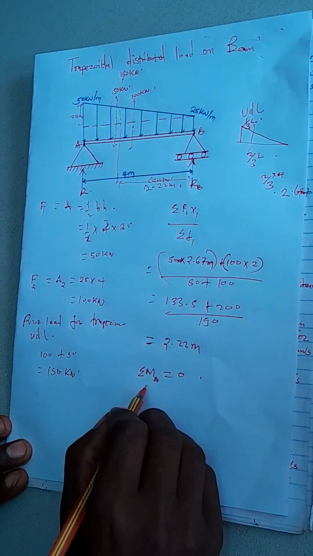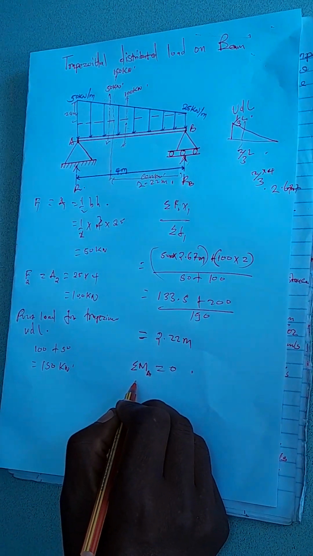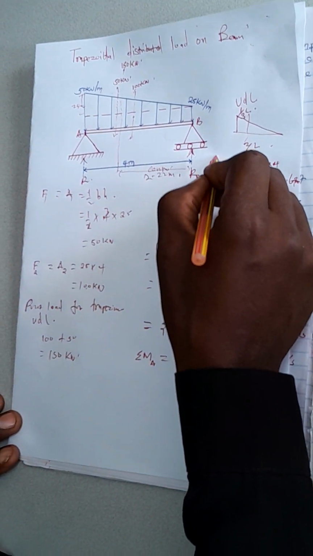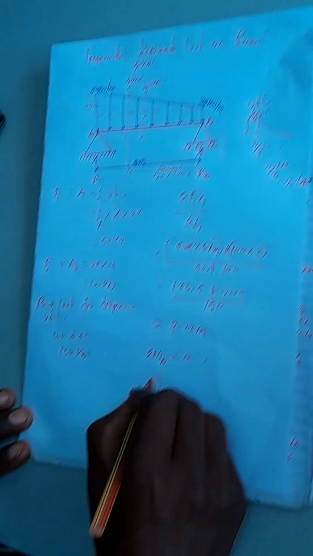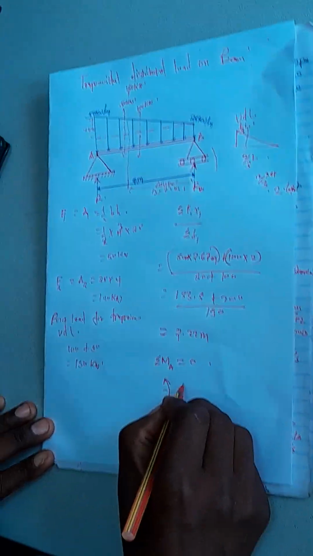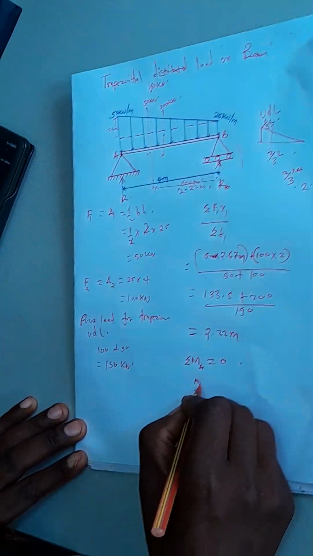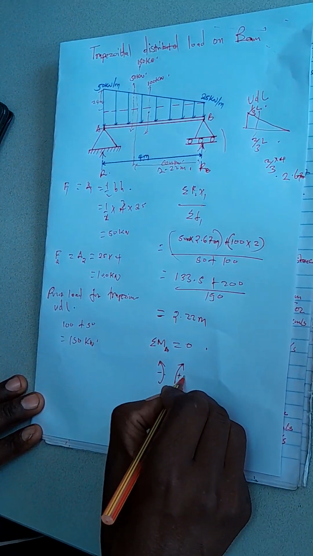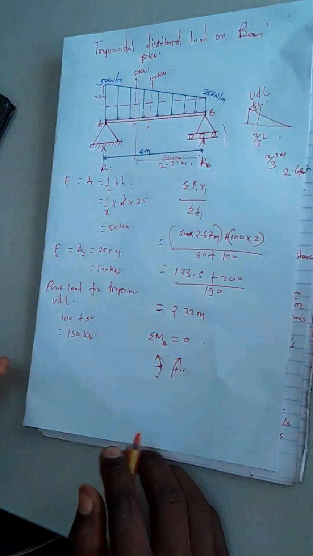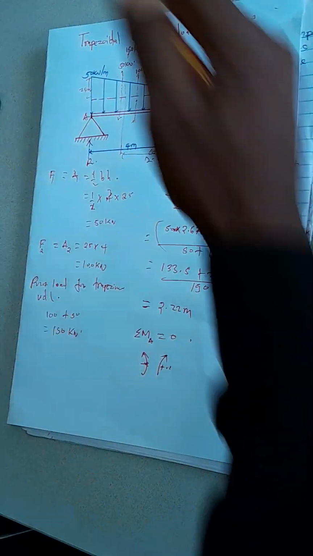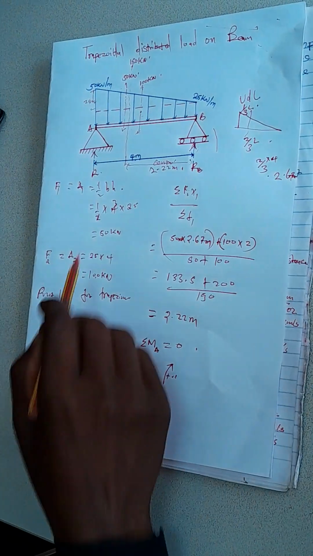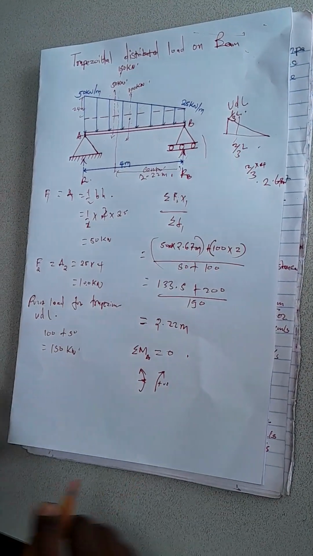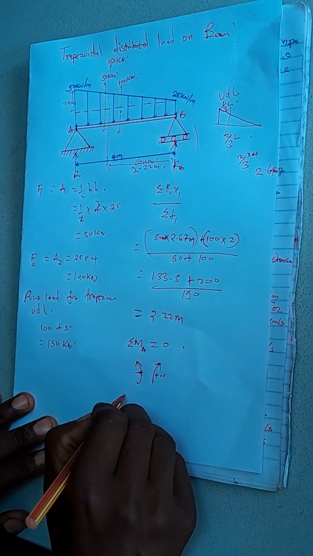Let's take moment about A. So it means RB is going to act anti-clockwise, negative. Clockwise is positive. All together. RB is going to be anti-clockwise. Then the point load is going to be clockwise. Right, together.